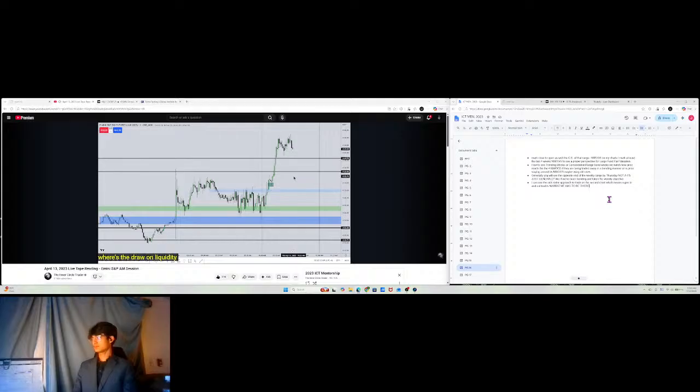Where's the draw on liquidity? This high. But if it's going to go above this high, Michael, where can it go? Well, that's what I have the new week opening gap there for. So what level above this high exists?